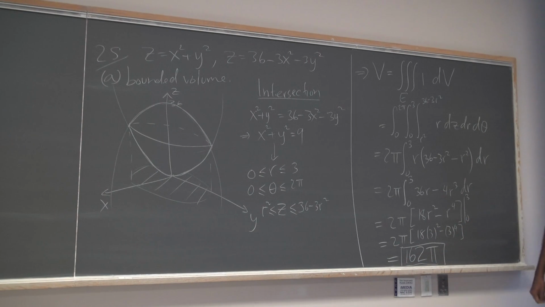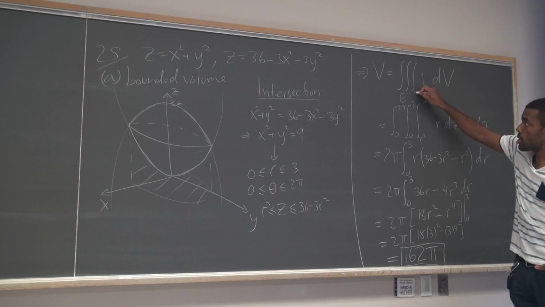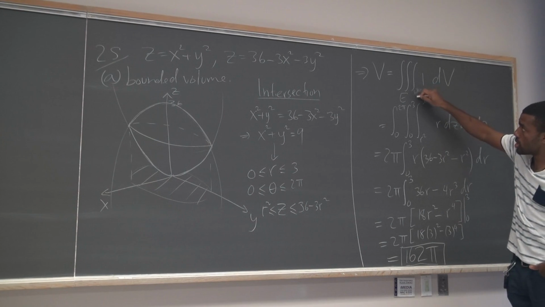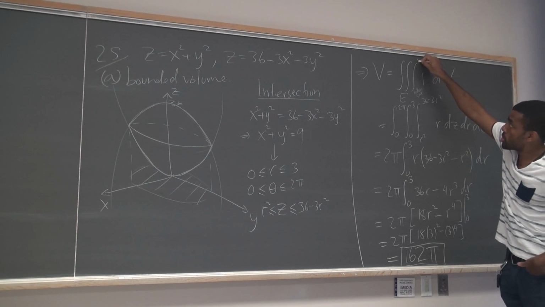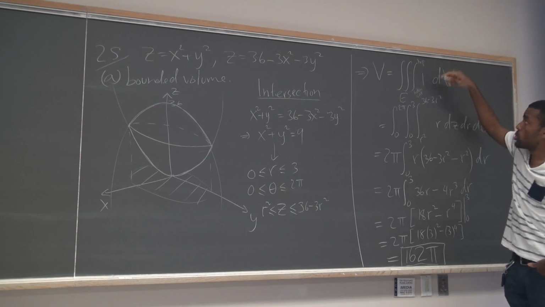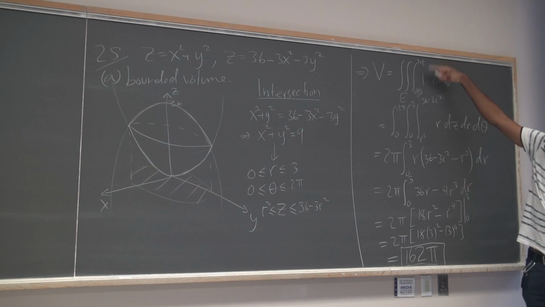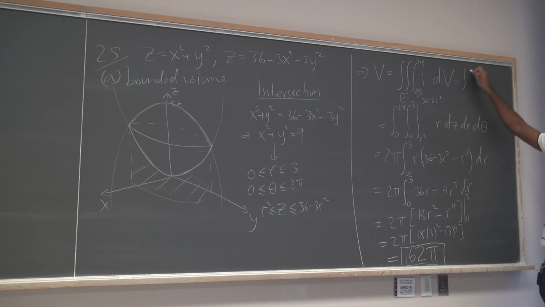I know it's going to be within the wording of the problem, but how would you know specifically when you have to use 1 dV or when you have to subtract the top surface and the bottom? They're both equivalent. Here the bottom surface is here, and the top surface goes here, which when you integrate with respect to z, you plug in top minus bottom. So this is actually equal to the double integral of top minus bottom dA.